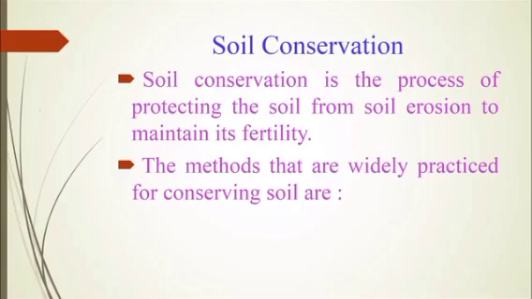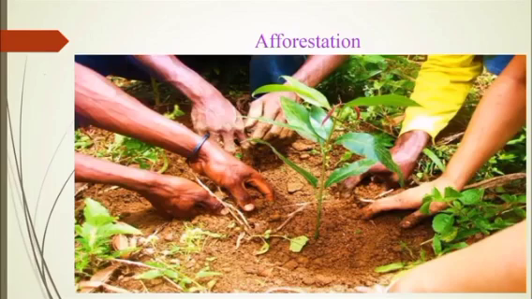Next, we are going to learn about soil conservation. Soil conservation is the process of protecting the soil from soil erosion to maintain its fertility. The methods that are widely practiced for conserving soil are afforestation. So what is meant by afforestation?